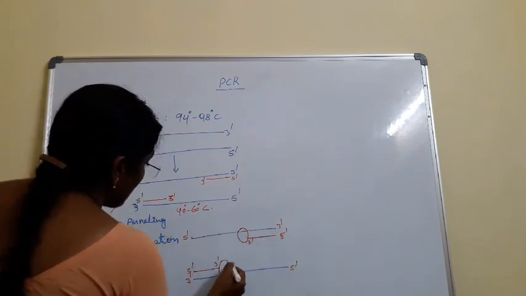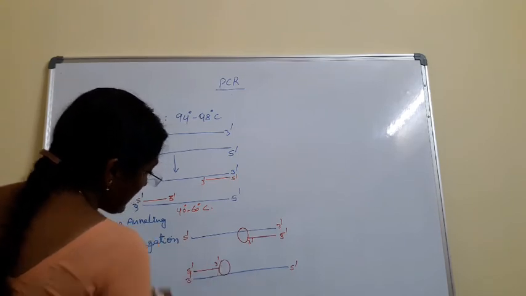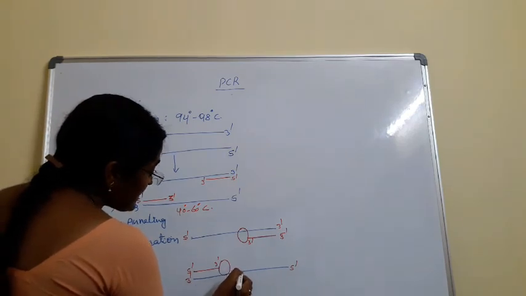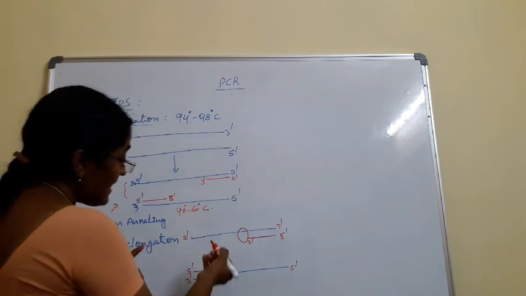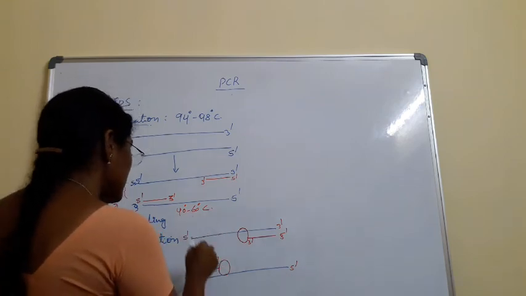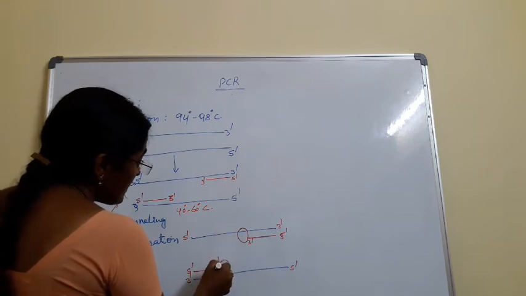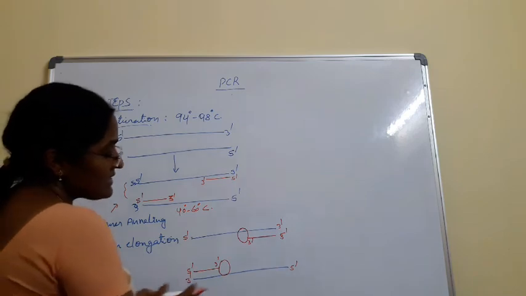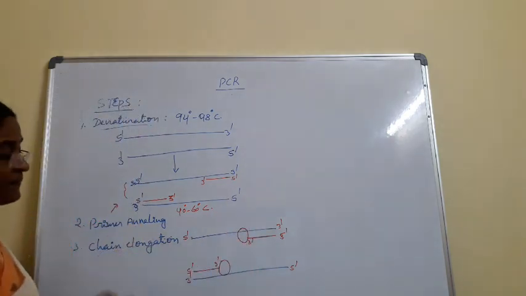These DNA polymerases bind to the primer, read the nucleotide sequences present on the template DNA strand, and add new nucleotides to the primer during the synthesis of the new strand.